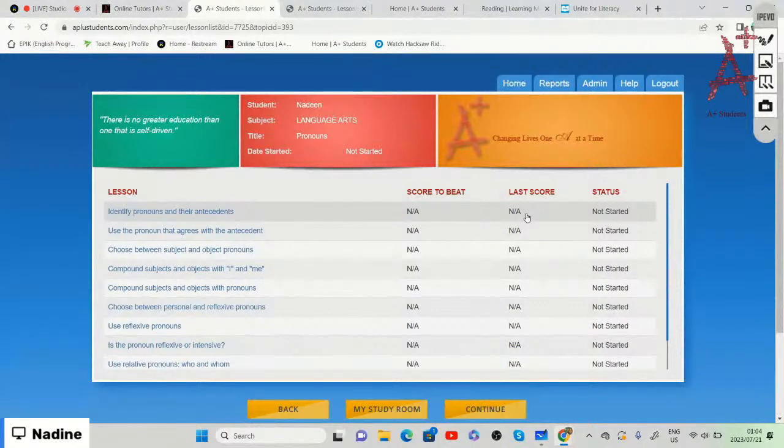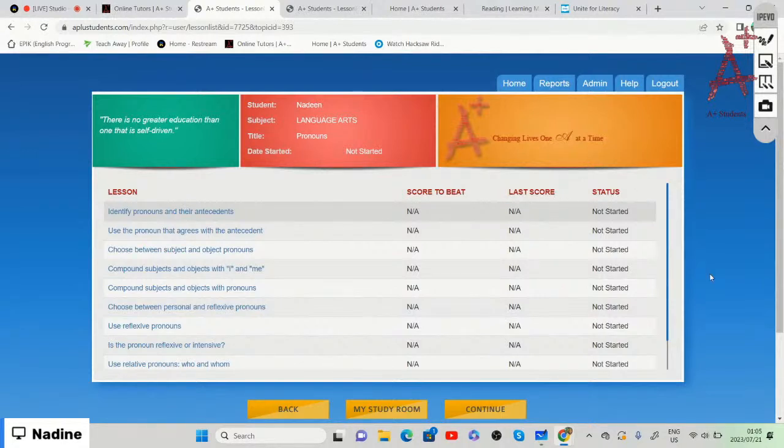We're going to use the pronoun that agrees with the antecedent, and we're going to choose between subject and object pronoun, compound subject and object with I and me, and then we are also going to choose whether it is a personal or a reflexive pronoun. So basically, our lesson for today is on pronouns.